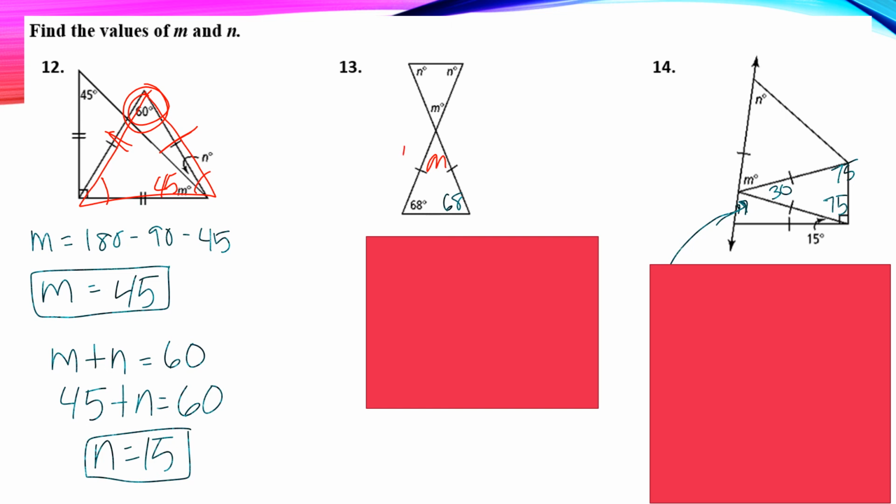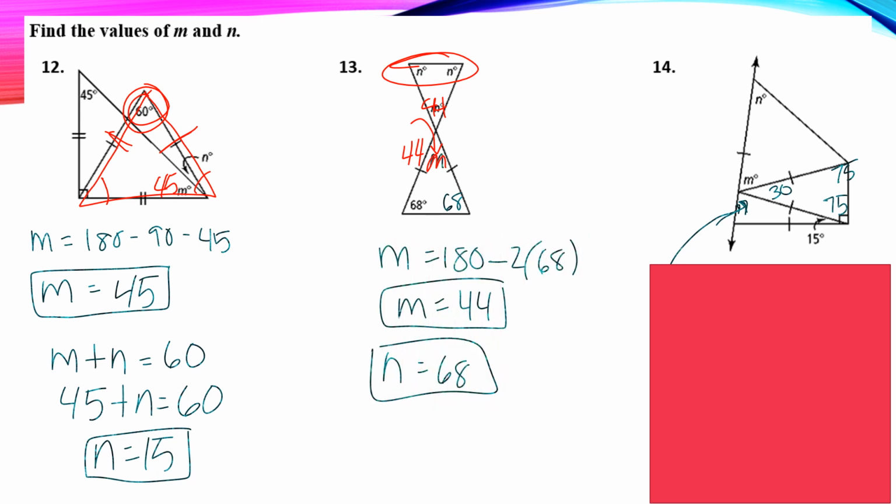So if this is 44 here, that means that M is also 44 at the top there. And that being said, if this is 44, you can only have two options here for N because they say that they are congruent in the first place. So M has to be 44, N has to be 68.